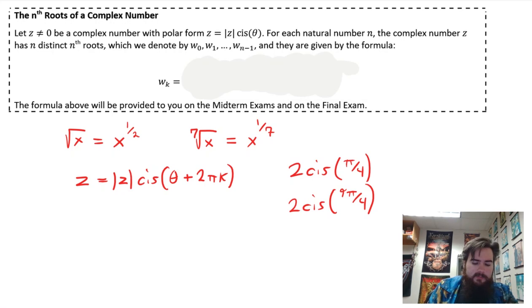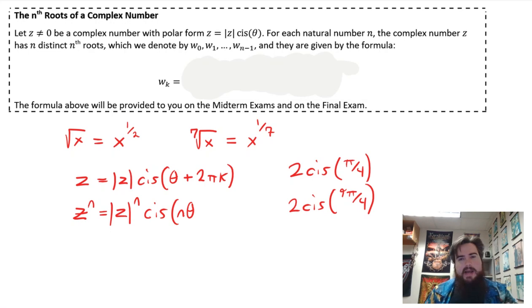De Moivre's theorem would say take the complex number to the power by taking the modulus to that power and multiplying your angle measure by that power. We technically also do this to 2 pi k, but we tend not to consider it because when you're multiplying 2 pi k times a value n, a natural number n, you'll get 2 pi times nk.